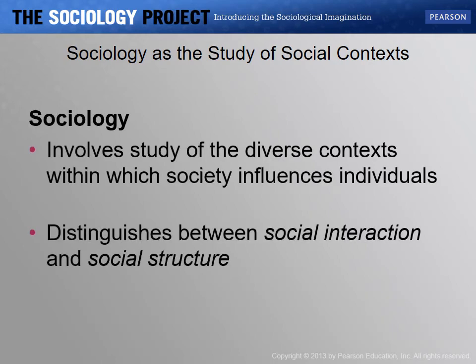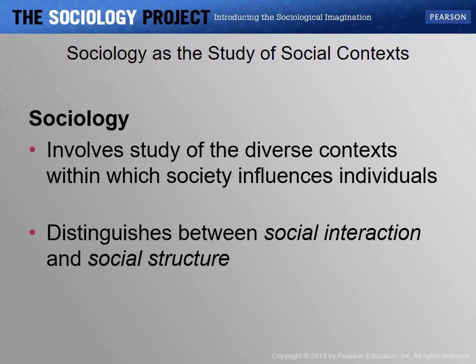So sociology involves the study of diverse contexts within which society influences individuals. So think about three concentric or overlapping rings: psychology, sociology, and anthropology. Psychology is the study of individuals. Anthropology is the study of human cultures and how we give meaning to the world.